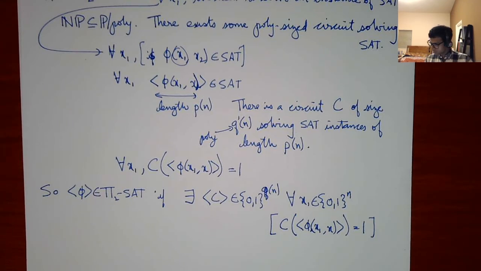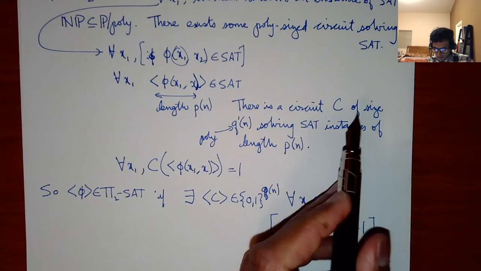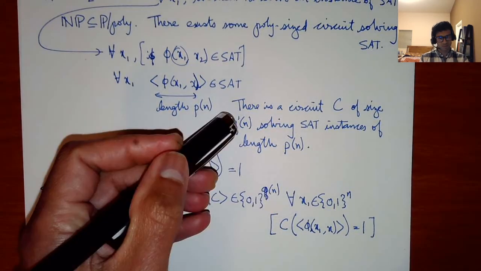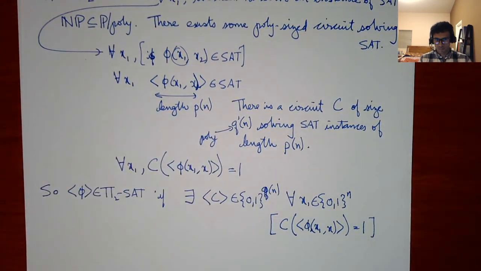Wait, I didn't understand why we had to specify why we have Q of n and then we have Q prime of n. So, technically, when I say it's a circuit of size Q of n, that's not the size of the encoding per se, that's the size in terms of the number of gates. So it's up to a constant, right? So Q n is just some constant factor of Q prime n. I see.